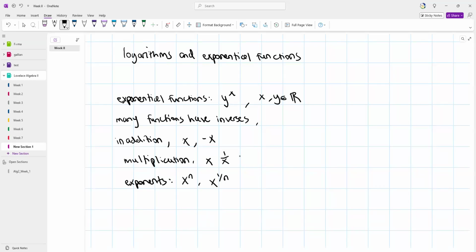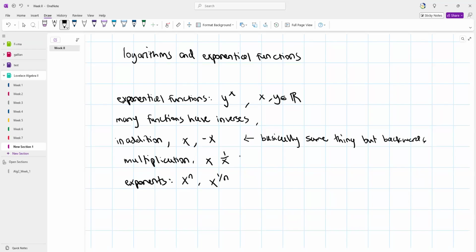But for example, in addition, basically the same thing, but backwards. And this is not the same for multiplication and exponents because not every item has an inverse.